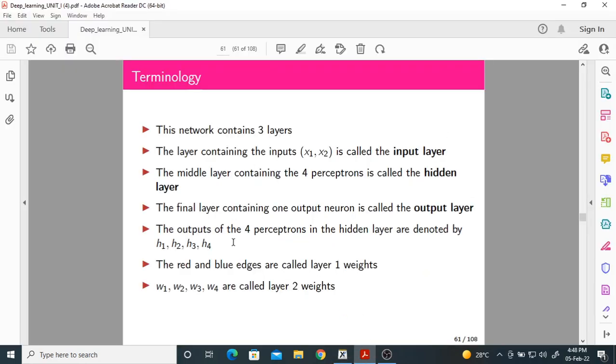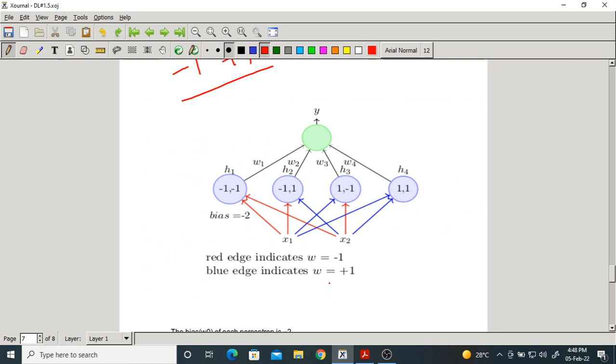The outputs of the 4 perceptrons in the hidden layer are denoted by H1, H2, H3, H4. They are the outputs of these 4 neurons or perceptrons in the hidden layer.